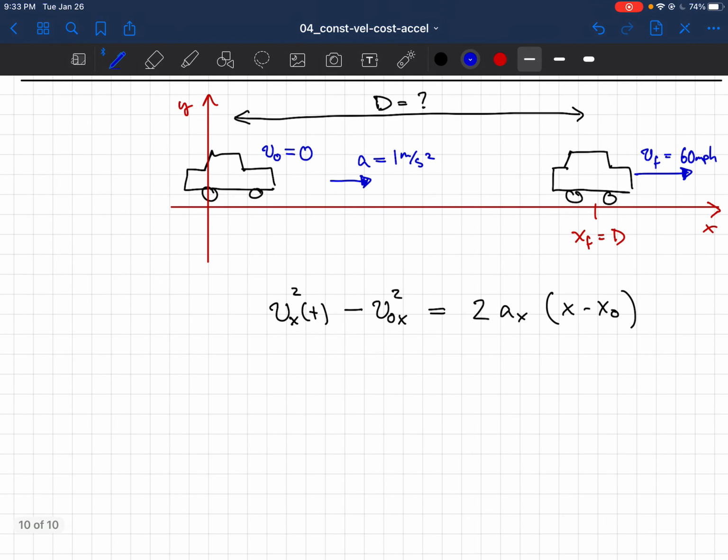Okay, so it might be a good idea to state how you're going to use it. We'll say from t equal to 0 to x final, to when it gets on the highway. So from this point here to this point here.